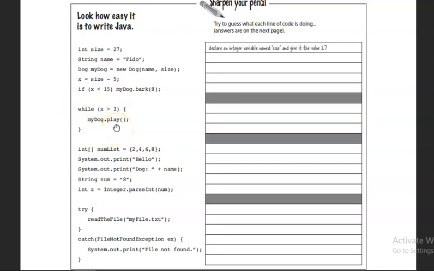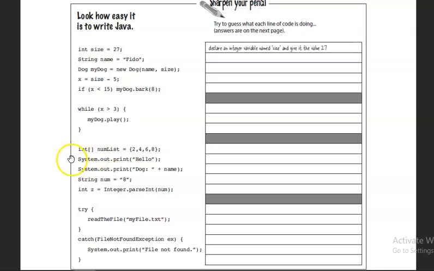Here play must be a method of this particular class. Dog is the class, myDog is the object, and in myDog.play, play is the method of this class. That's why we are able to call it using the object of this class. If you are not understanding it right now, don't worry, you will get to know it very easily in some time.